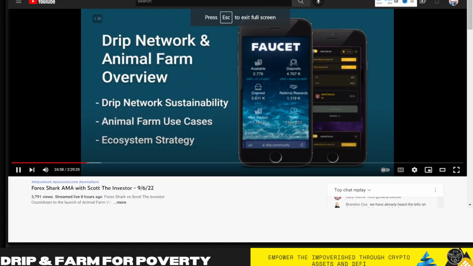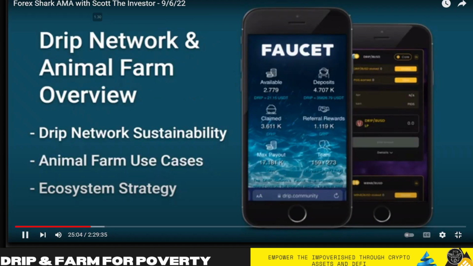Yeah. So Drip Network is sustainable through several mechanisms. One is that the system is paying out the native asset itself. It's not paying out USD, for example. So that gives us some flexibility in supply to ensure that we can always meet the current demand for dividend payouts.